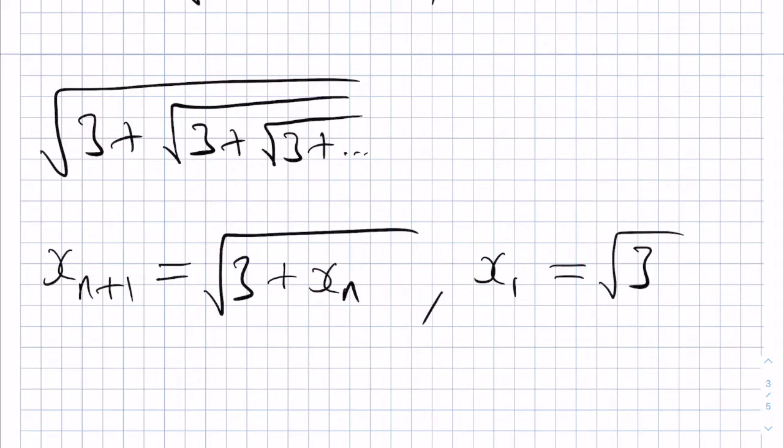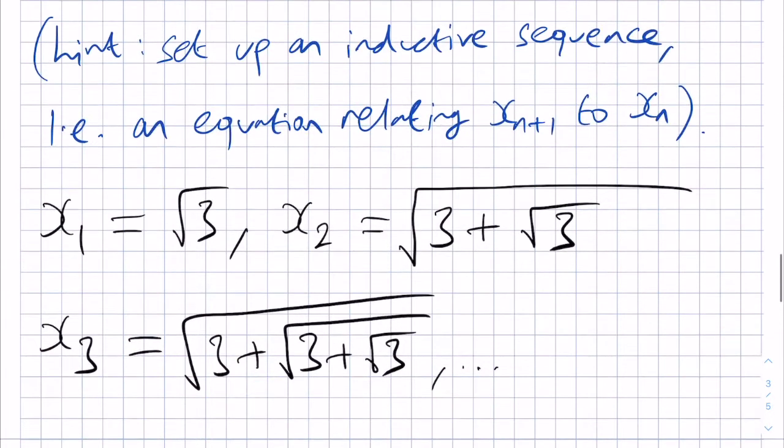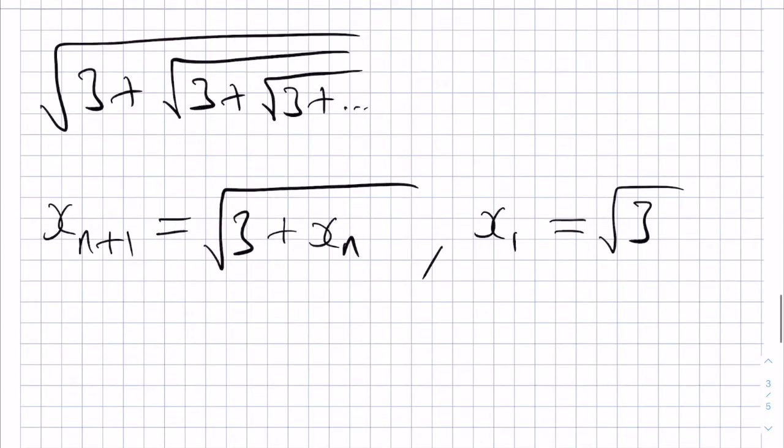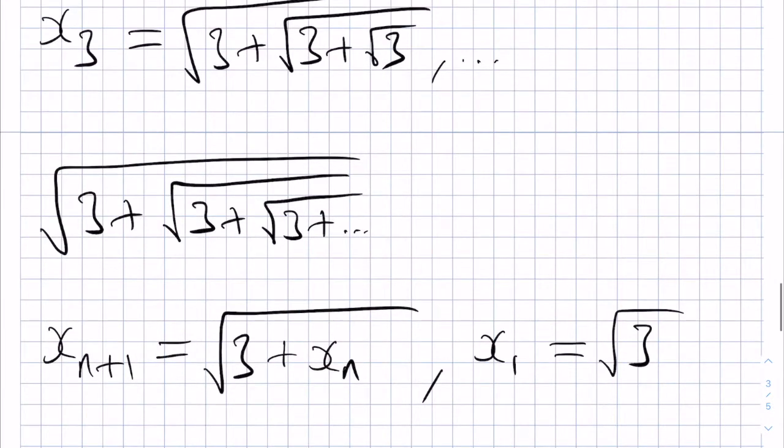If you can't see how this works, then please write out a few terms of this sequence using this definition. You'll find that you recover the above terms that we wrote down. And so the limit of x_n will give us this value.